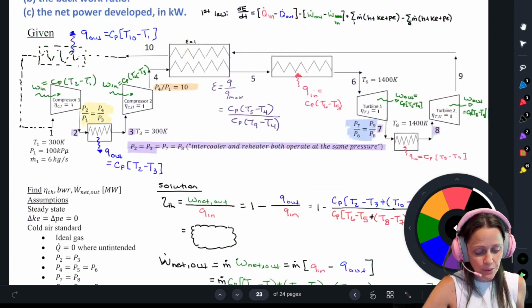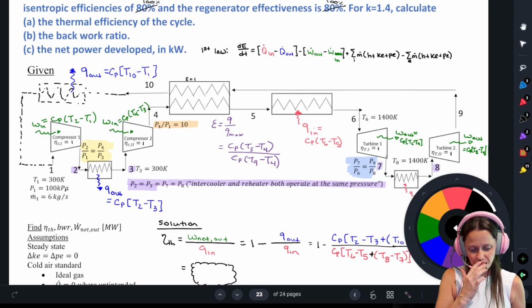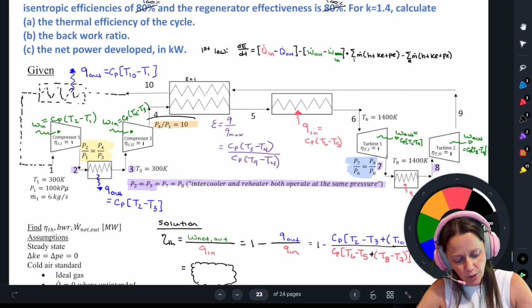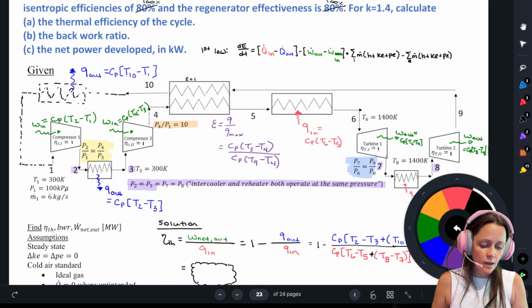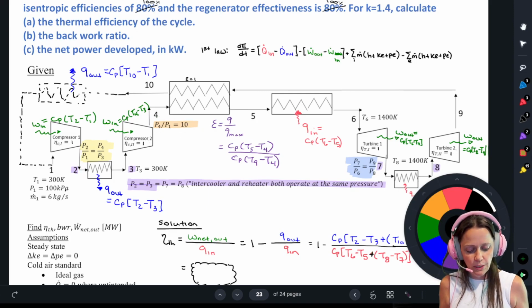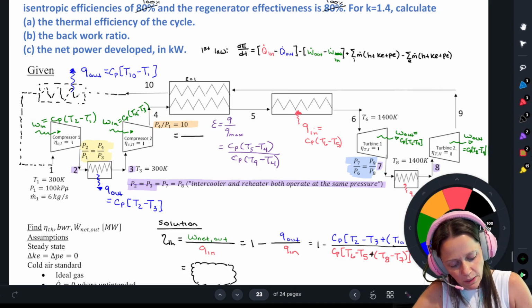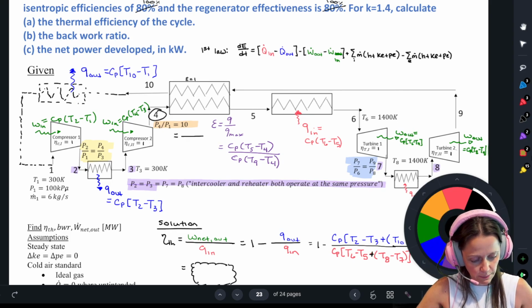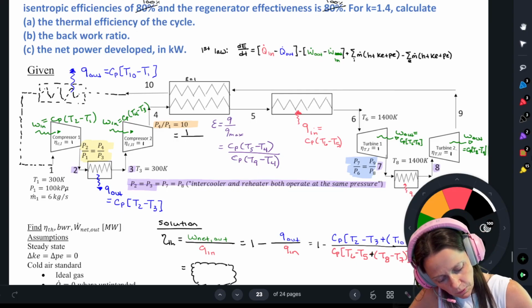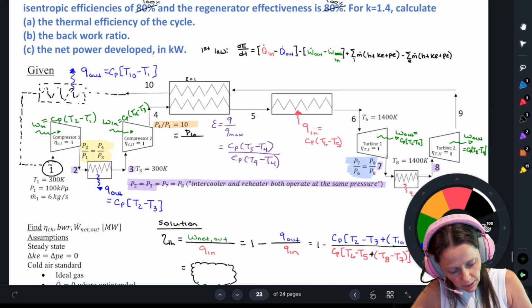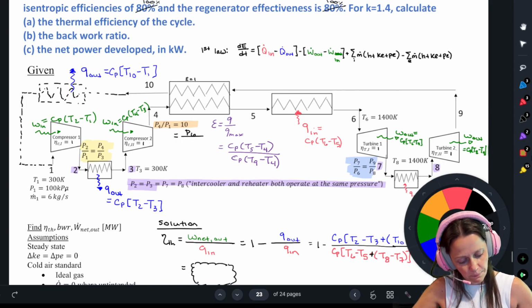I can do a similar thing here. Looking at the pressure, I know P4 over P1 is equal to 10. I also know P4, P5, P6, all of those are the same. So P4 and P6 are the same. And looking at P1, P10, P9, all of those are the same.